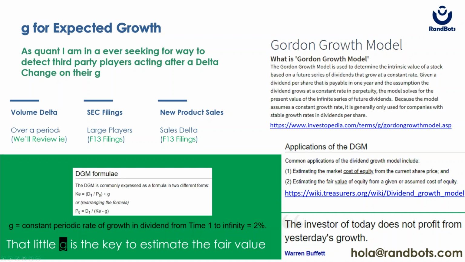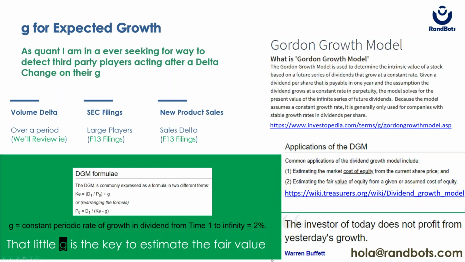I'll show you a few examples, like with volume delta, with the SEC filings, and with new product sales. This is what drives, in my opinion, expected growth. This is how I detect if other players are seeing different growth than I do in certain equities.